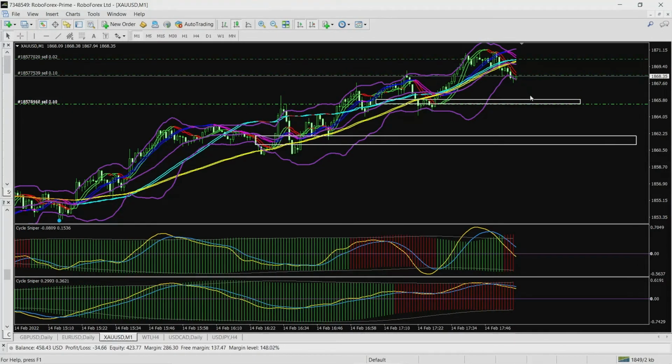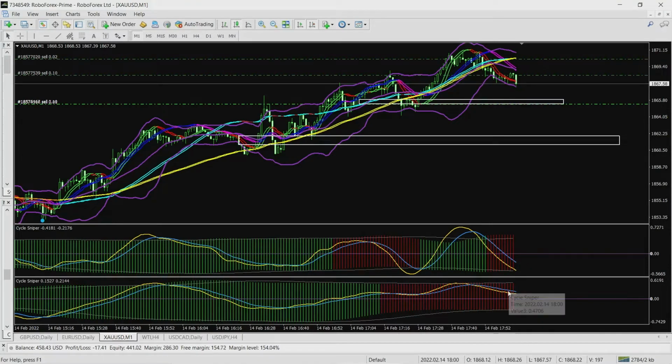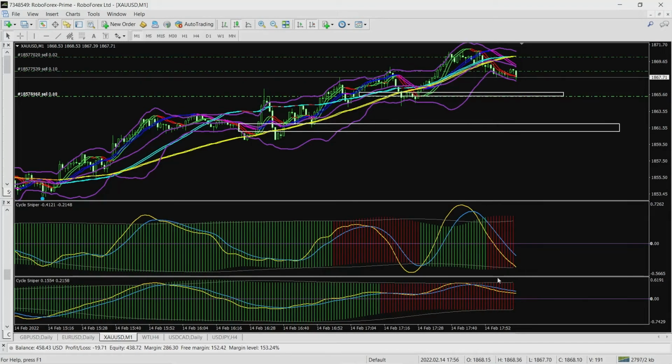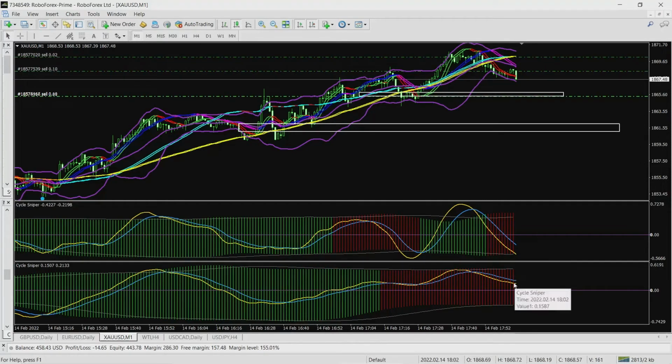One minute chart. I want to share something. Pay your attention. You see, the second sub window is set 2, the first sub window is set 1. It's coming to oversold, but this one is still above the 0.